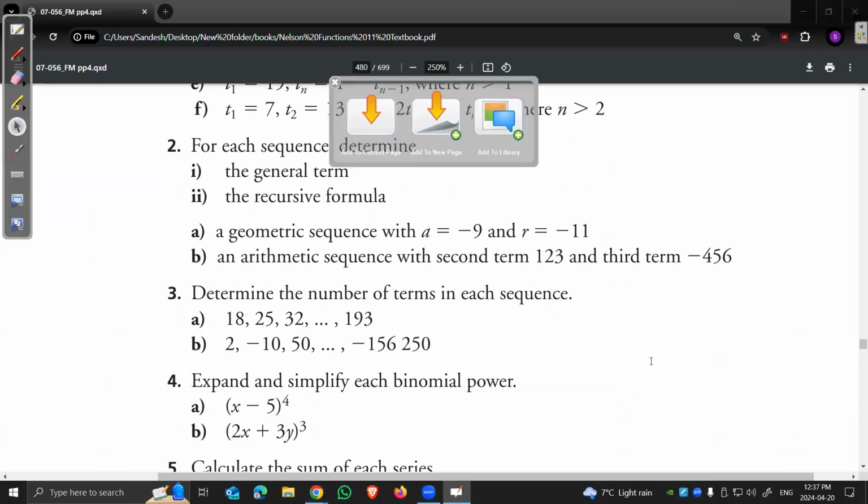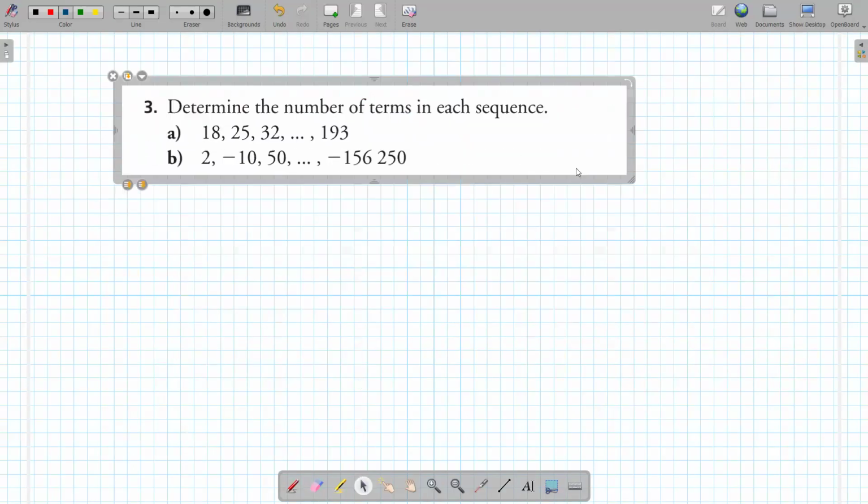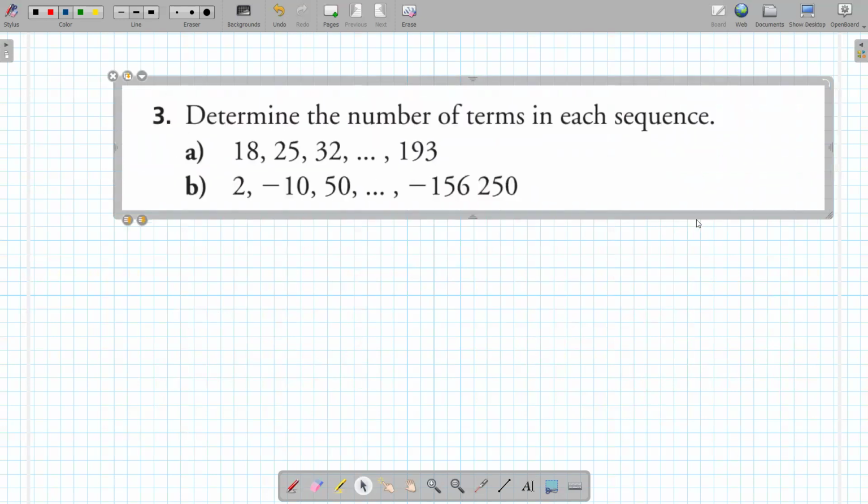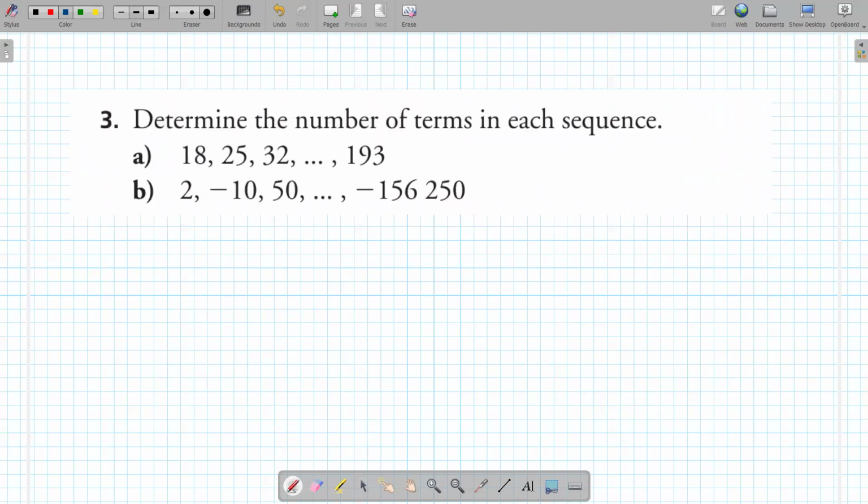The next one says, determine the number of terms in each sequence. So now the n is missing, right? For A, is that arithmetic or geometric?